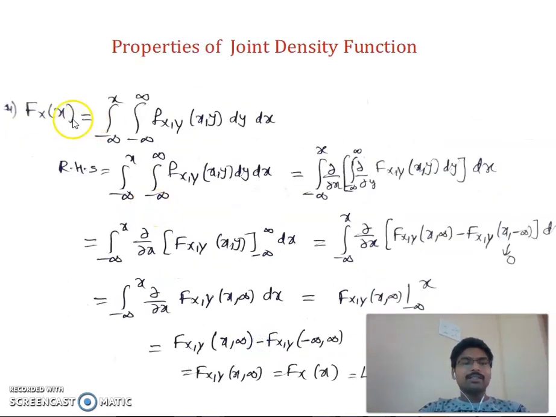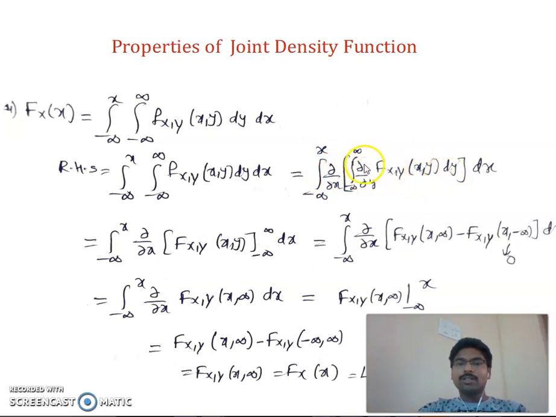The next property is the marginal distribution function calculation from the joint density function. Similarly, to prove this one, taking the RHS and substituting the definition of f_X,Y(x, y), that is del square by del x del y of F_X,Y(x, y). Del by del x is taken outside, and del by del y is there.